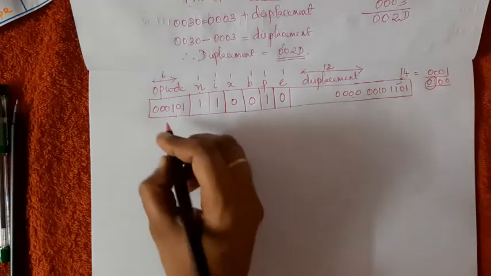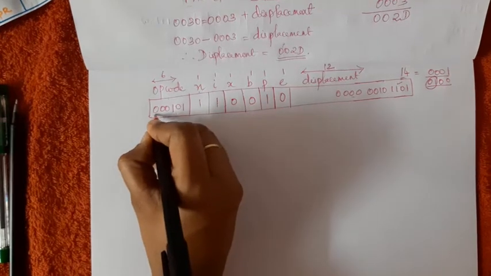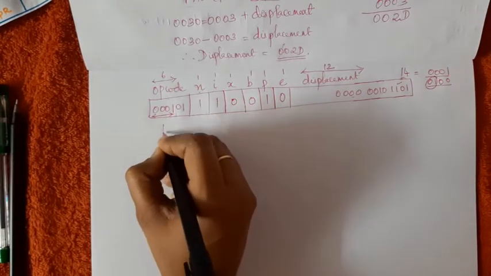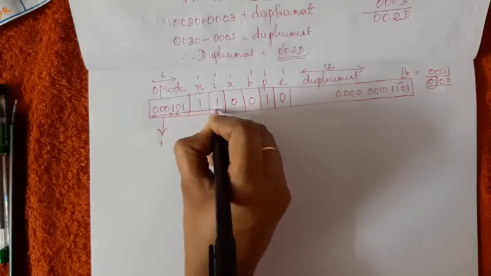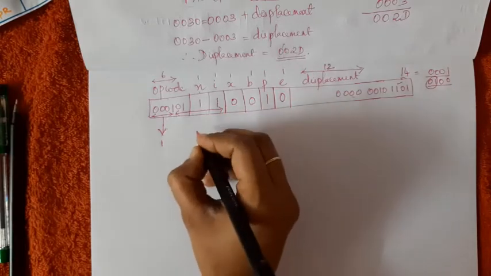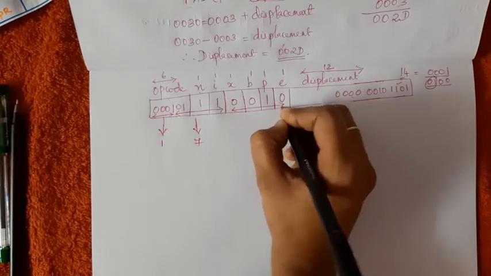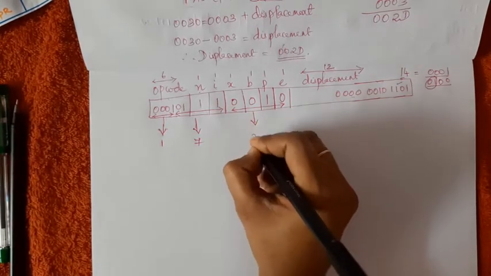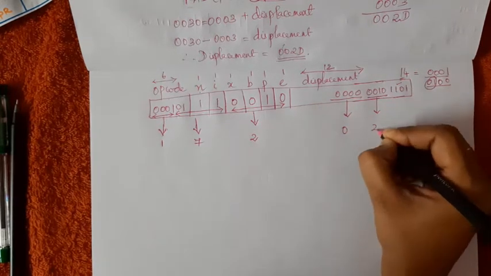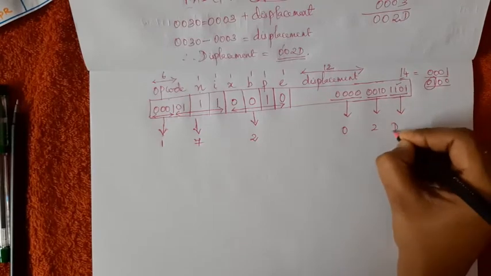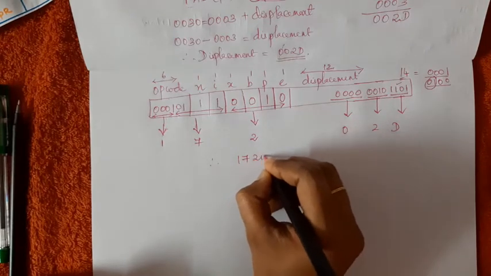Now we have to combine 4 bits together and generate the object code. Combining these 4 bits, we get 1. The next 4 bits, 0111, give 7. The next, 0010, gives 2. The next one, 0010, is 2, and 1101 is D. Therefore we have 17202D.